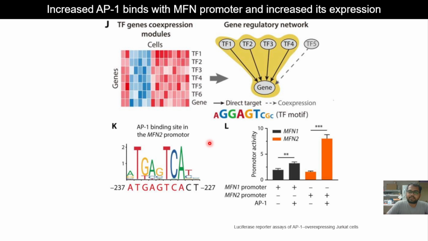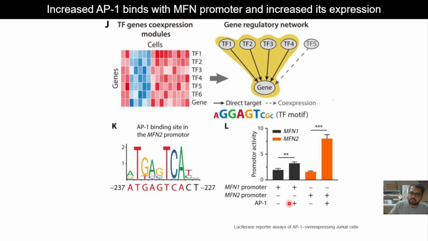So it is already known that AP1 can influence the expression of MFN2. Furthermore, they also checked for the binding site on the MFN2 promoter, and they found that there is an AP1 binding site there. Further, they did a luciferase reporter assay in which they use AP1 directly.